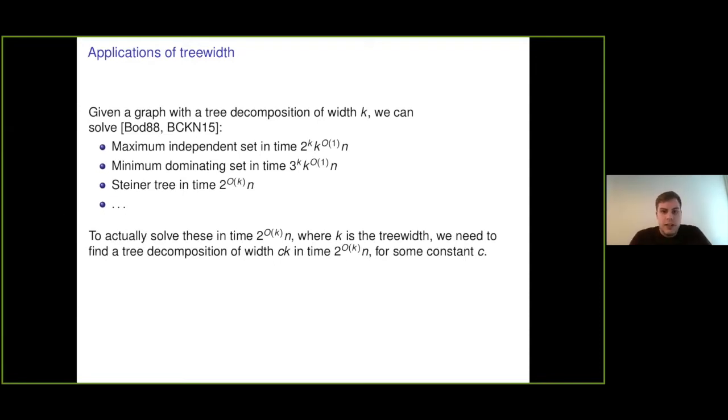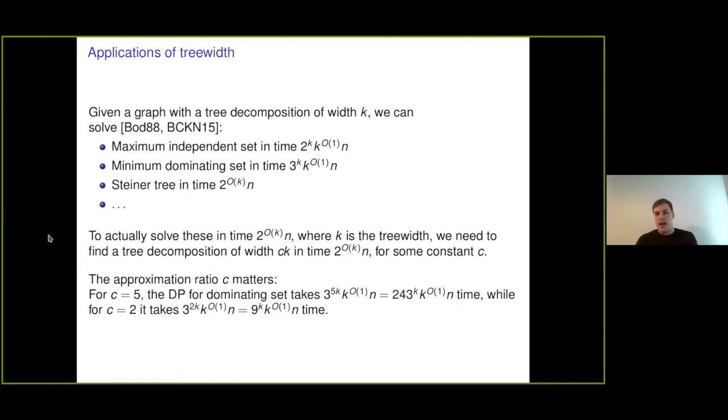We should note that these are dynamic programming algorithms that get the tree decomposition as an input. So to actually solve this in time single exponential in k and linear in n, where k is the tree width of the graph, we need to be able to find a tree decomposition of width at most a constant times the tree width of the graph in time single exponential in k and linear in n.